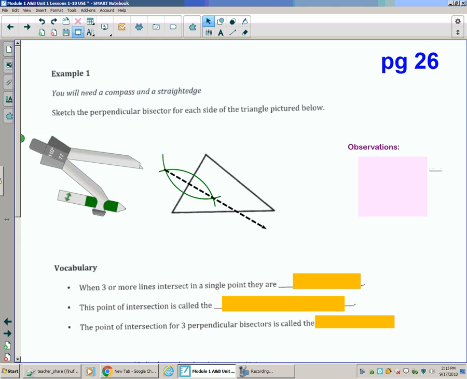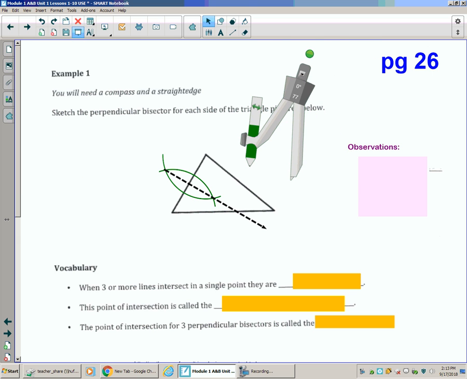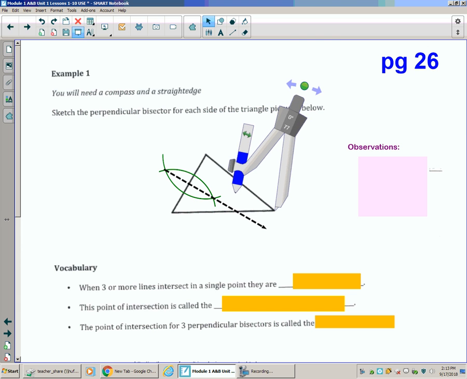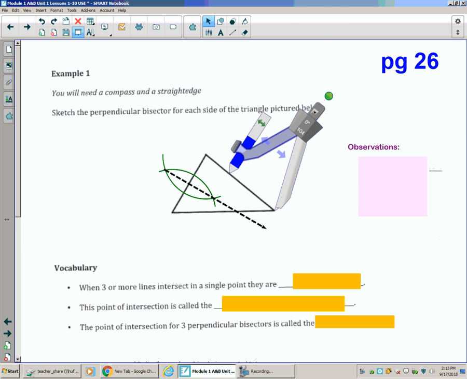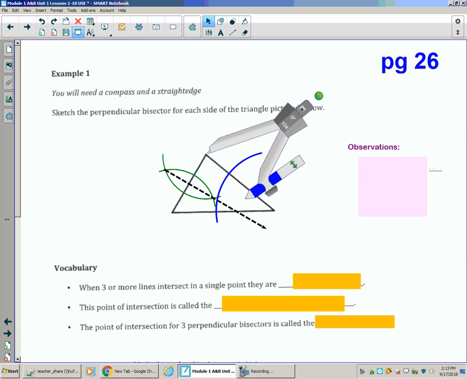I'm going to do those same steps to the other two sides of the triangle here. So I'll do the same thing to the right side. I'm just going to change the color a little bit. So on the right point, I go a little bit past halfway, make an arc from one side to the other. I do the same thing from the other point, the other vertex of the right side.